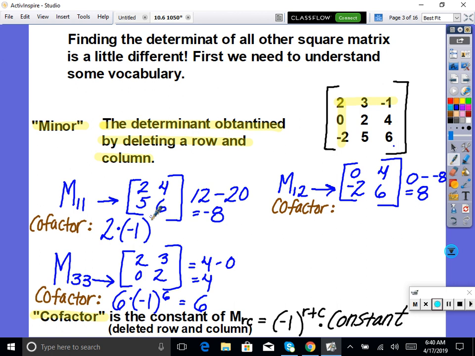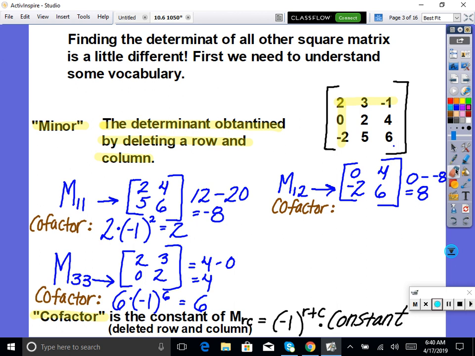Wouldn't that be squared? A negative to an even degree is positive 1, so we would get 2. That would be the cofactor of this minor. I keep saying arc because there are minor arcs in that. Minor matrix, not arc. Sorry.